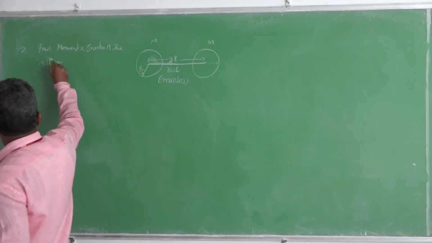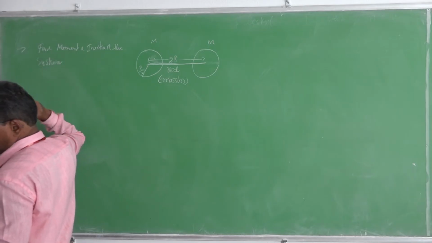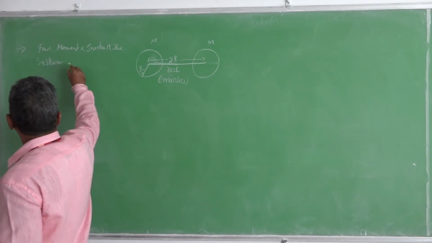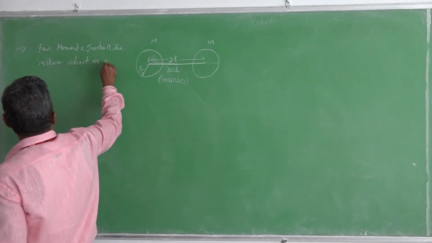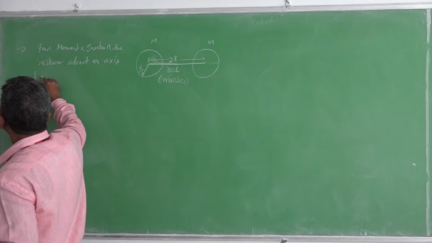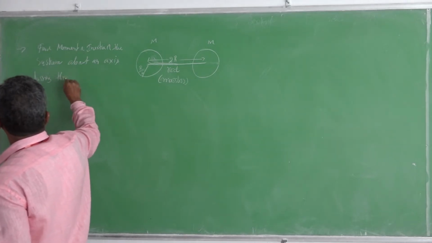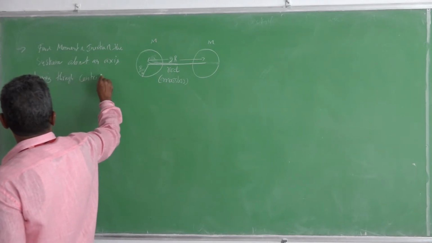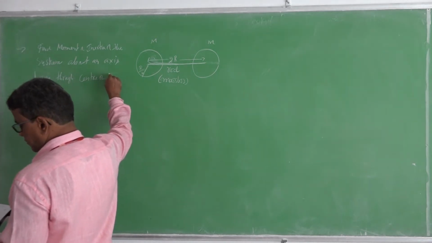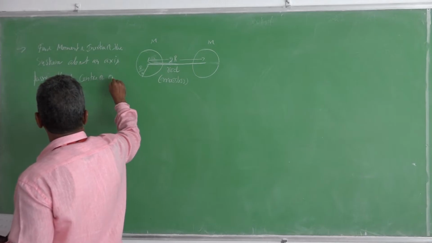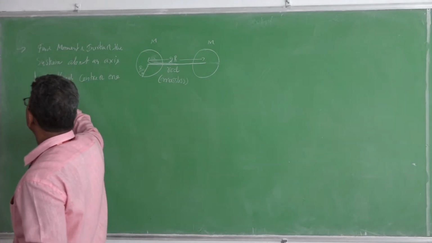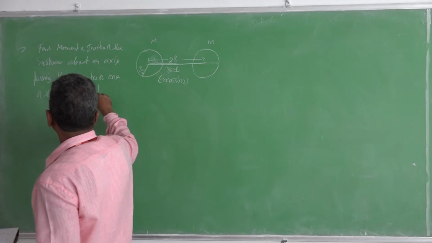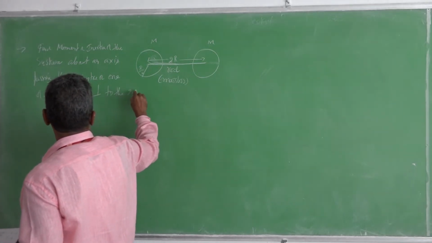Find the moment of inertia of the system about an axis passing through the center of one of the spheres, because both are identical, and perpendicular to the rod.